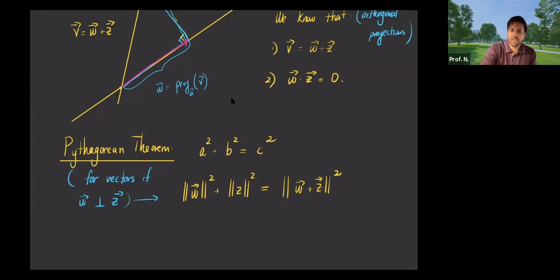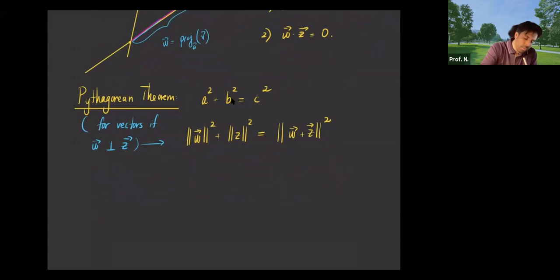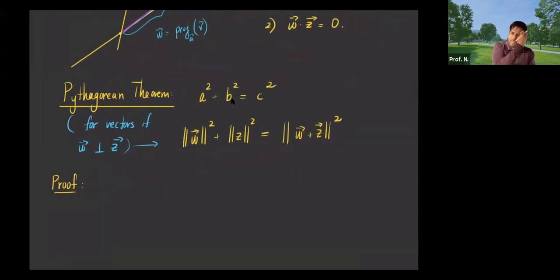This is the Pythagorean theorem. Now I just want to say, how do you prove this to be true? What would be the little proof that we do for this theorem? Since it's a theorem, we can prove it. How do we know that this is true?